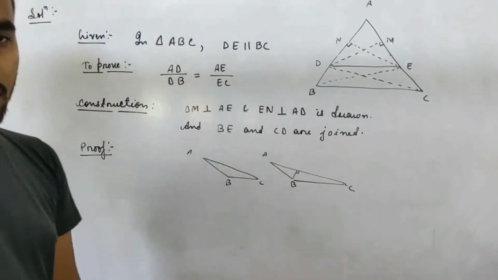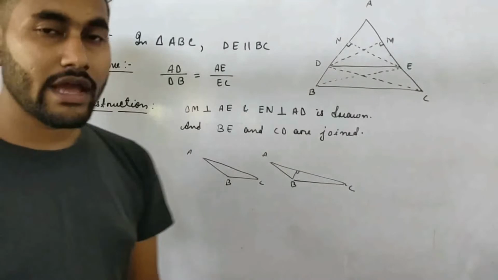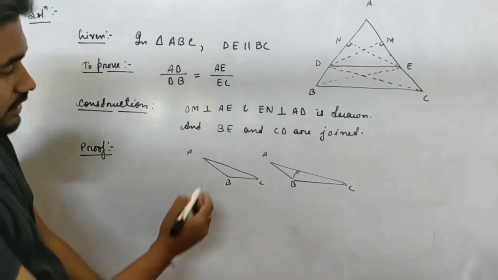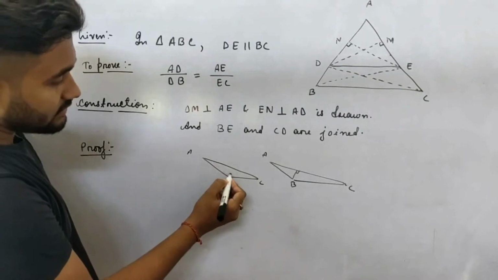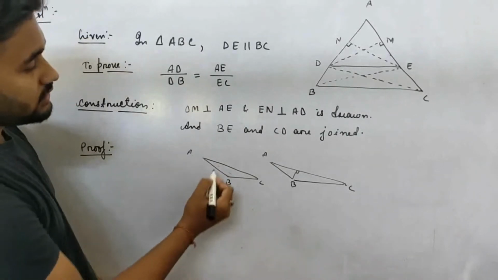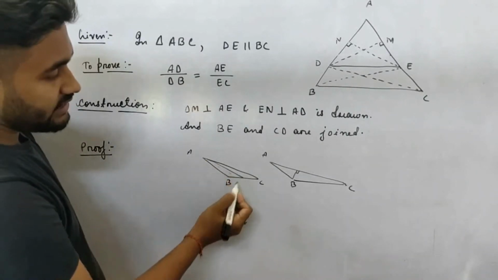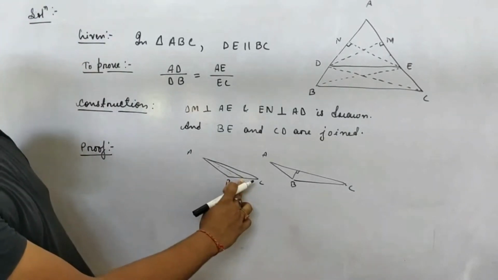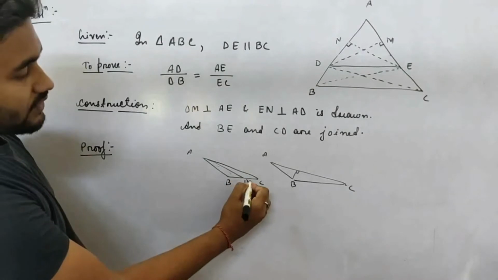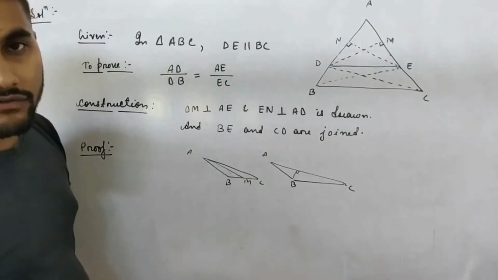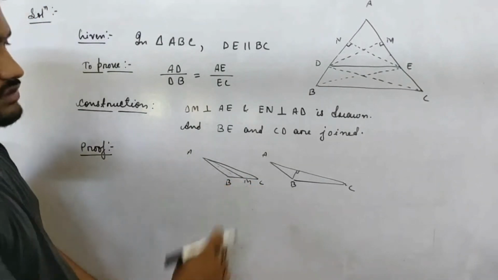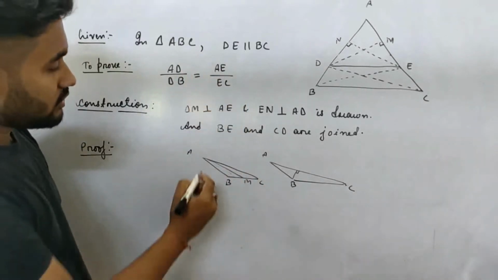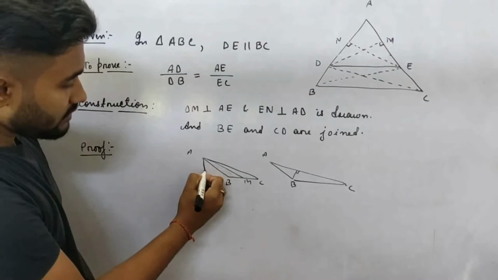Now I am saying draw a height from A. Can you draw the height like this inside? Just think, will this be a 90 degree ever? This one, say AM. Is AM the height of that triangle? No, because this is not 90 degree. Height will be exactly straight. So how will the height be? This will be the height.